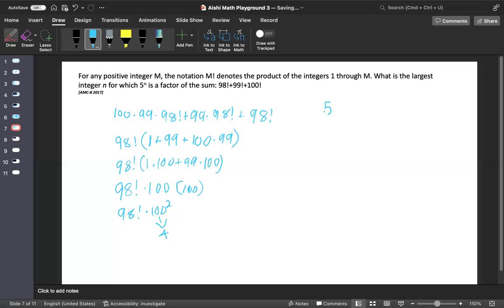Now for 98 factorial, we're going to list down all of the numbers that are divisible by 5, which are less than 98. And obviously they have to be 1 or greater.